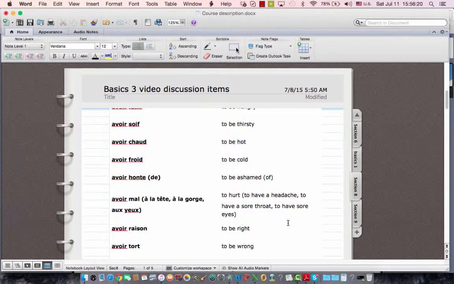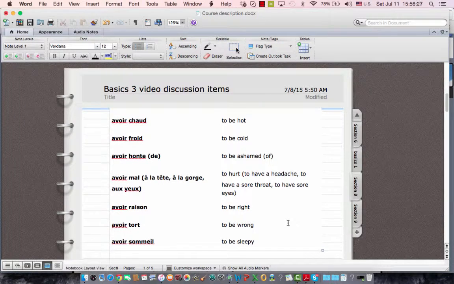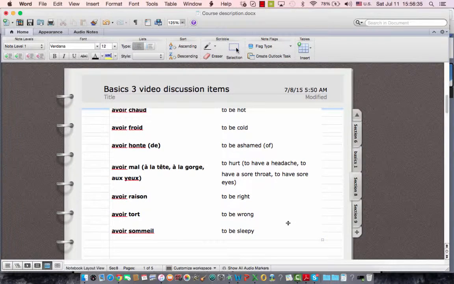Tu as raison, you're right. Vous avez raison, you're right. Avoir tort, to be wrong. J'ai tort, I'm wrong. Tu as tort, you're wrong. Avoir sommeil, to be sleepy.